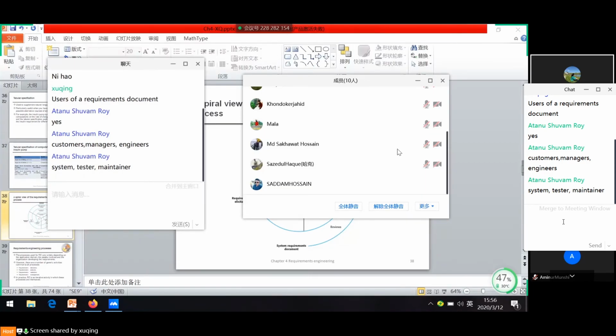Yesterday we talked about these possible readers or users of our requirements document.